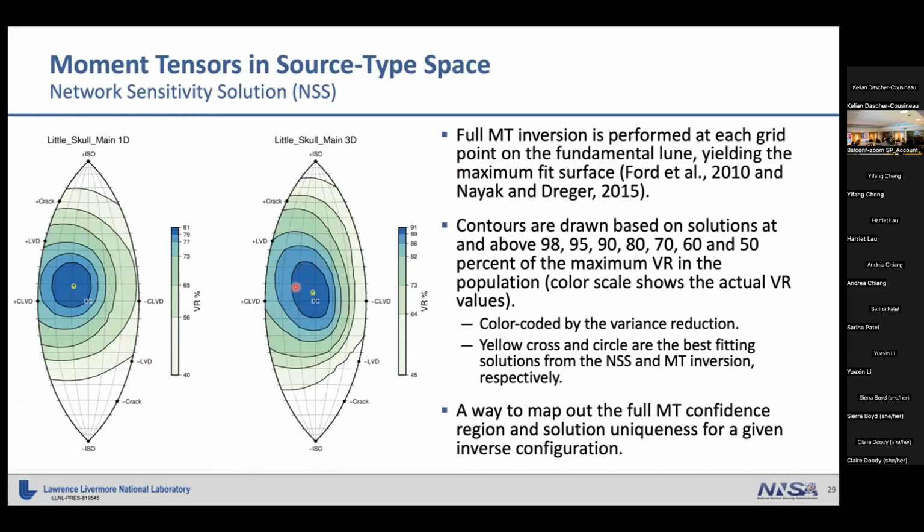All of these contours are the solutions at or above a certain threshold of the maximum value. So the overall fit increased, along with a shift to a more double couple earthquake. This is a way to approximate the confidence region of the moment tensor solution for any given inversion.